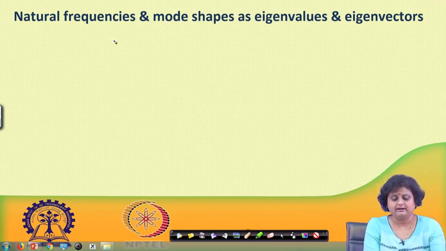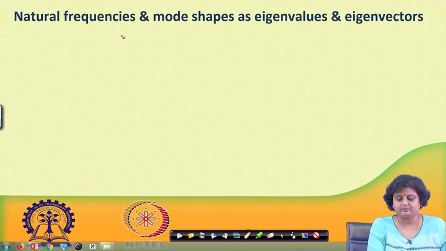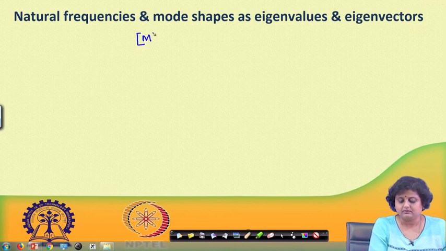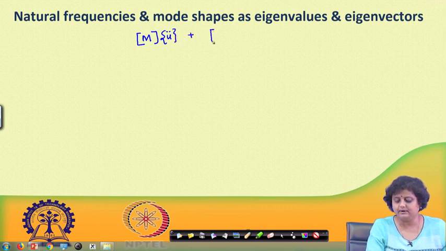Let me first find out the expression. The initial equation of motion is m u double dot plus k into u is equal to 0.